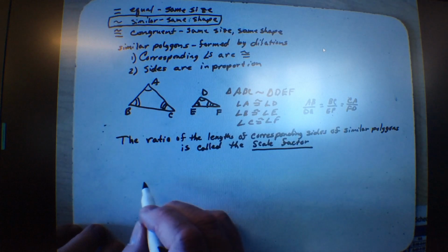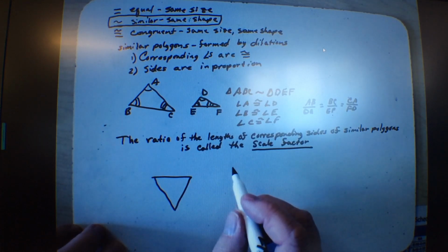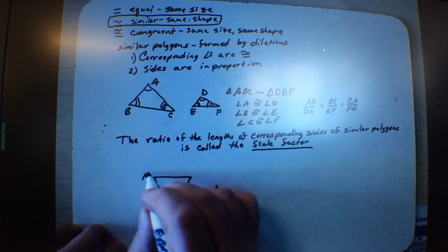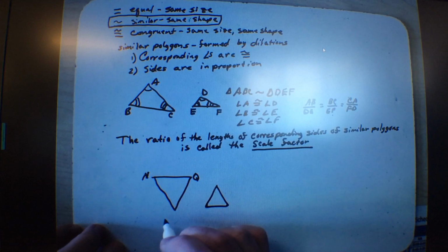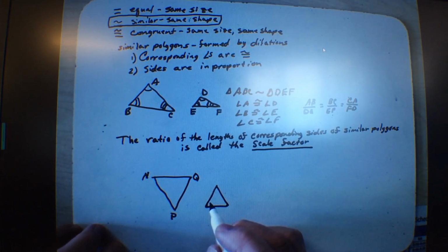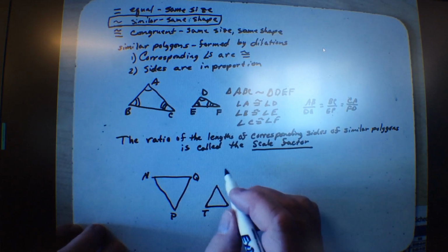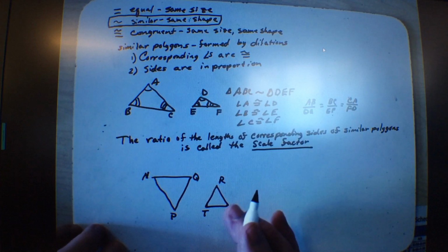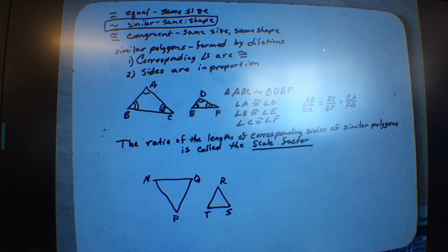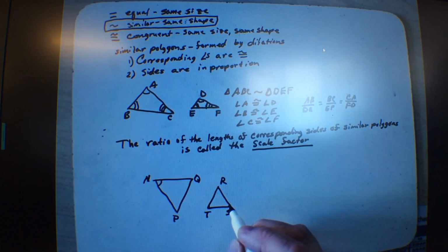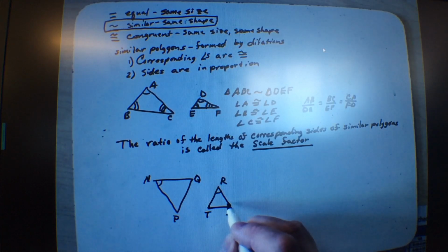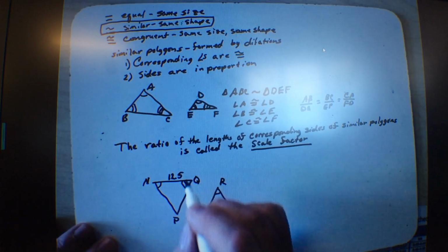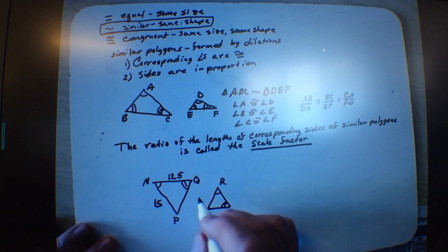So if I had a triangle that looked like this, and this was N, this was Q, this is P. This is from the book, guided practice, and this is T, R, and S. I'm not going to write down which is which, but I'll show you: this angle N is congruent to this angle R, and this angle S is congruent to this angle Q. This is 12.5, this is 15, this is 11.5.